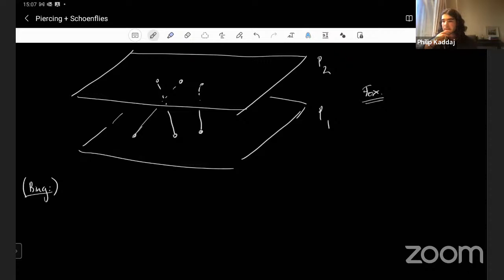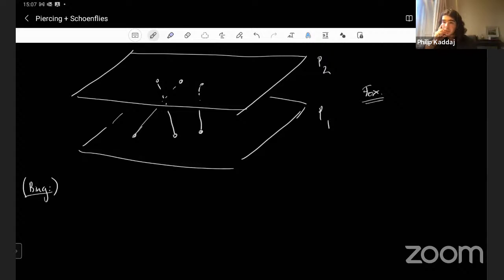So it was not explicitly stated, but I assumed so because of what Bing said. Anyhow, the task is to straighten all the segments while keeping the endpoints in the respective planes.